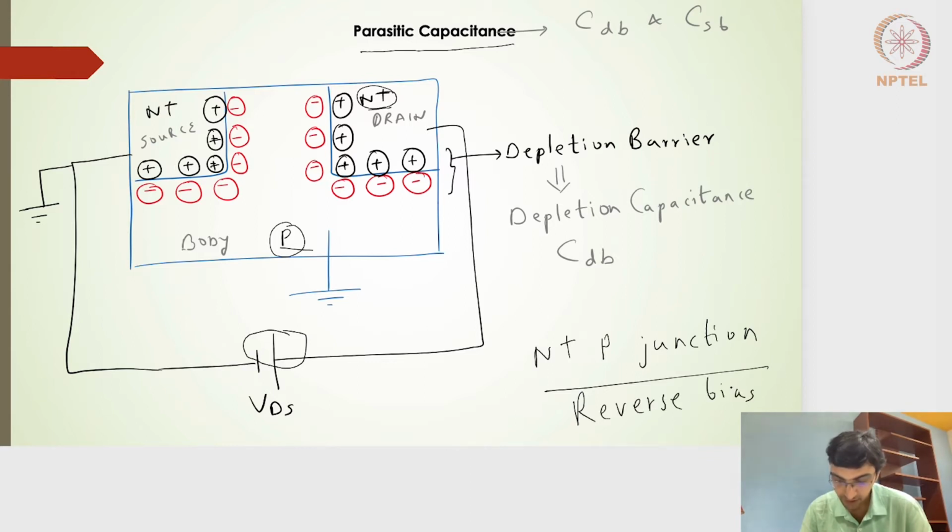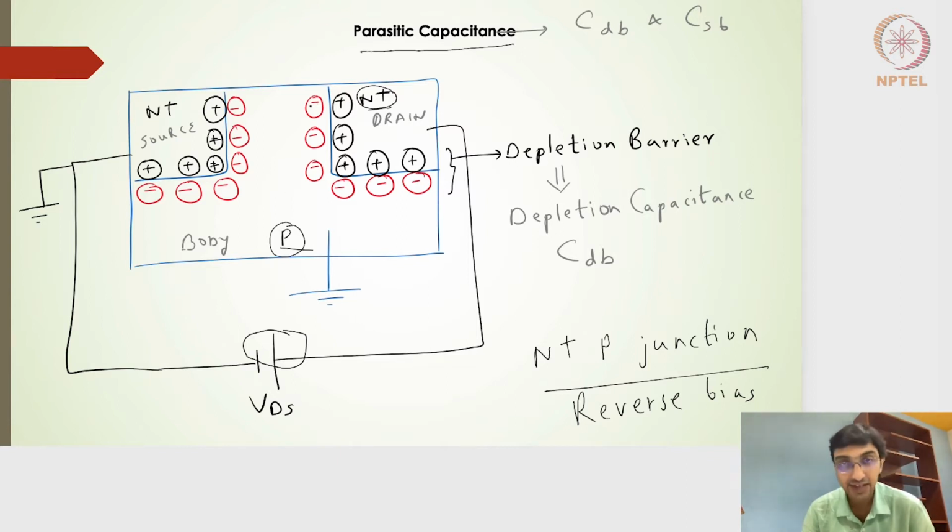At the junction, we will have the positive immobile ions. In this case it is an N plus, so it is basically the phosphorus atoms doped in the silicon material. So I will have these positive immobile phosphorus atoms closer to the interface of the PN junction diode. On the other side, this is p-type, so it could be boron.